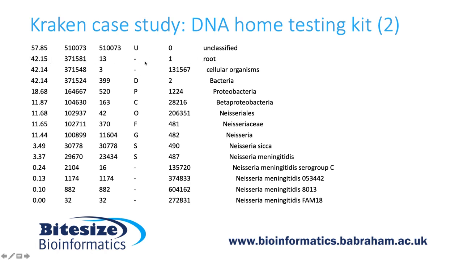So that's the 42% here, and they were able to be assigned to the root of the tree, i.e. all organisms within the Kraken database. And of these, around all of them were able to be assigned to cellular organisms. And likewise, around all of them were able to be assigned to bacteria. So around 42% of these reads. As you can see here, what we have is the establishment of a taxonomic tree as this indents to the right.